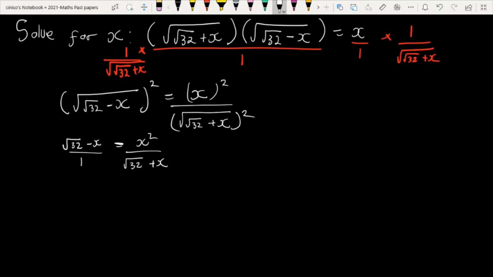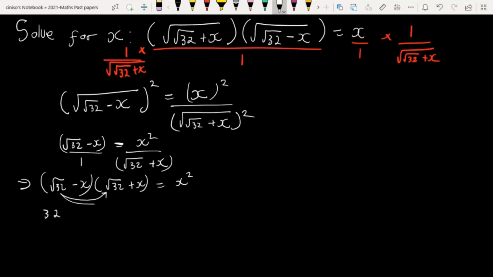So we know it's over 1. You're going to cross multiply, and we have the root of 32 minus x multiplied by the root of 32 plus x is equals to x squared. So notice that this is a perfect square. Meaning that if you multiply the root of 32 with the root of 32, we have 32, and then you multiply the root of 32 with x, we have plus x to the root of 32.